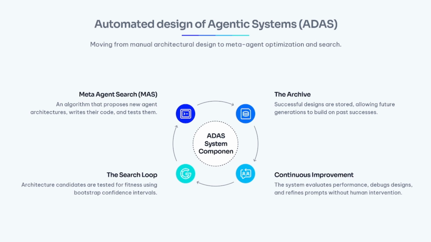The system evaluates performance, debugs designs, and refines prompts without human intervention. So it automatically generates the agents, optimizes them, refines them, and replaces all these old architectures with the new architecture without any human intervention. So that is why it can be dangerous if it is not properly designed.